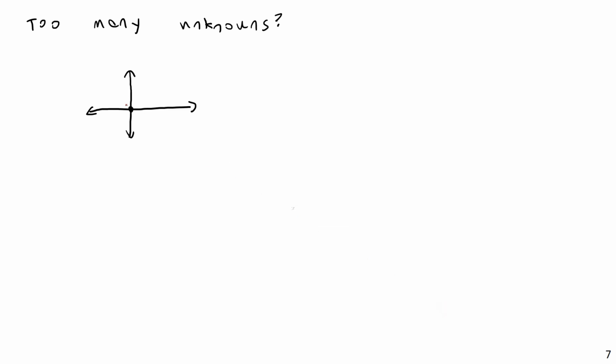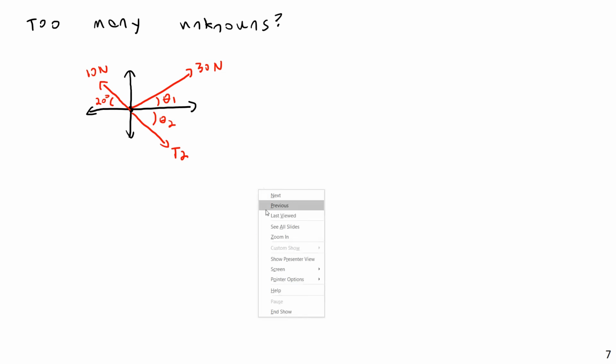So I have one force of 10 newtons at an angle of 20 degrees. I have a force of 30 newtons at some unknown theta 1. And then I have some unknown tension at some unknown theta 2. So maybe I'll just call this T2 to be consistent.